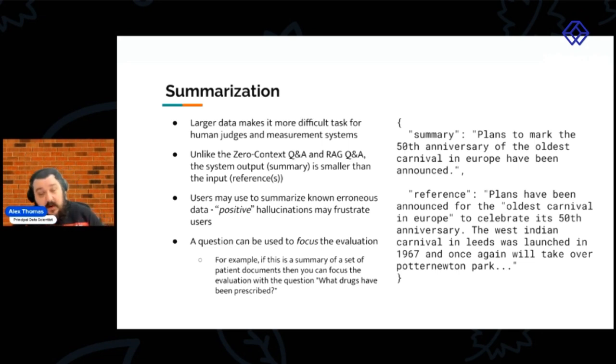You also have a problem here where the user may provide something that is known to be factually wrong, but they want to summarize it. So, for example, perhaps someone is analyzing news articles containing misinformation, and so they submit such an article.